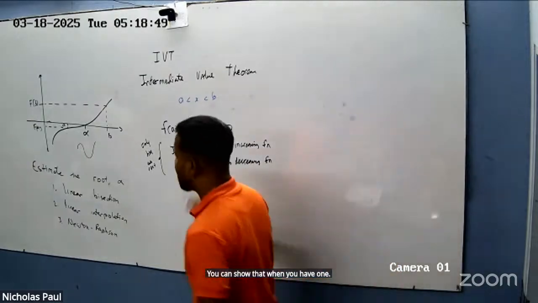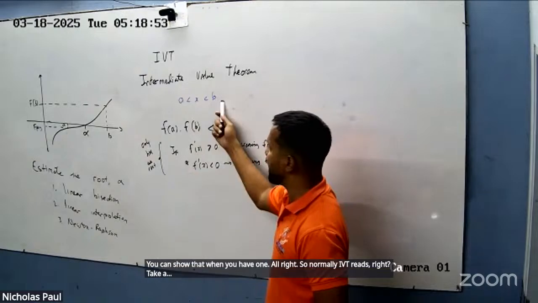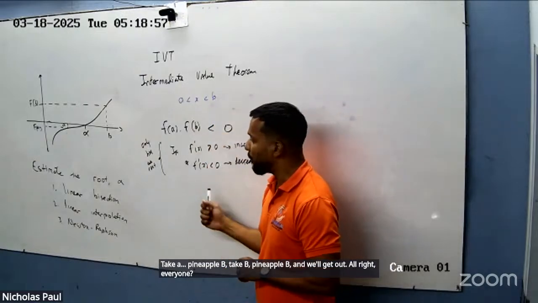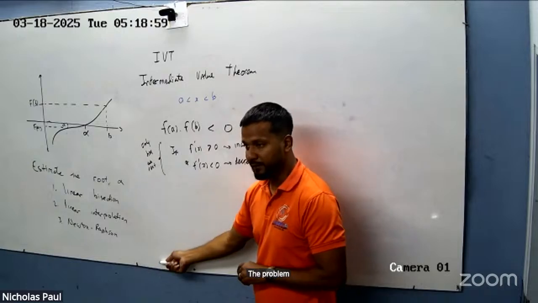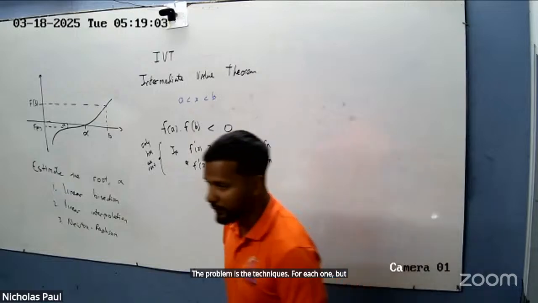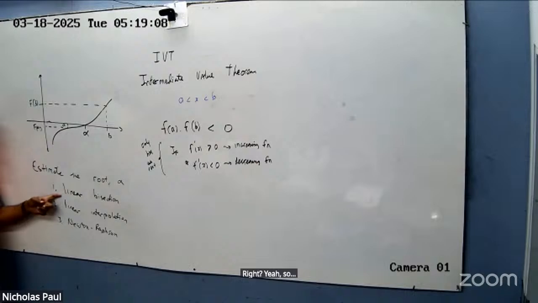All right. So normally with IVT, you take A, find f of A, take B, find f of B, and work it out. The problem is the techniques. I'm going to give you the formula for each one, but I'm going to explain how they work. Here's how interval bisection works.